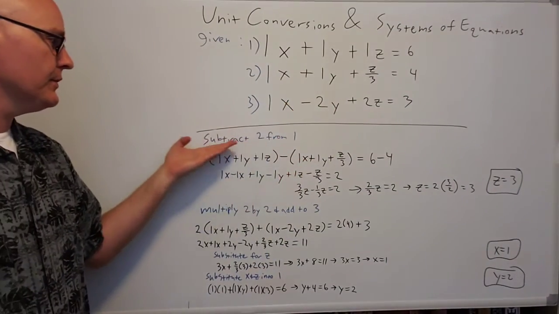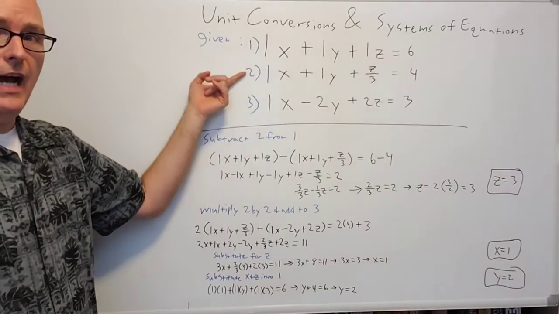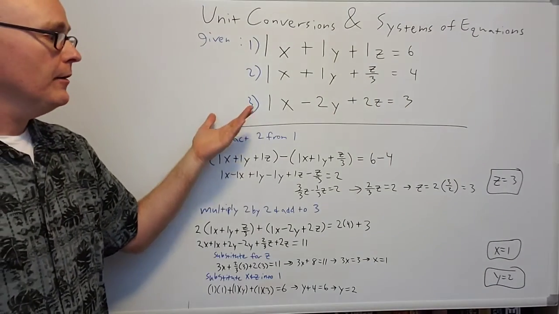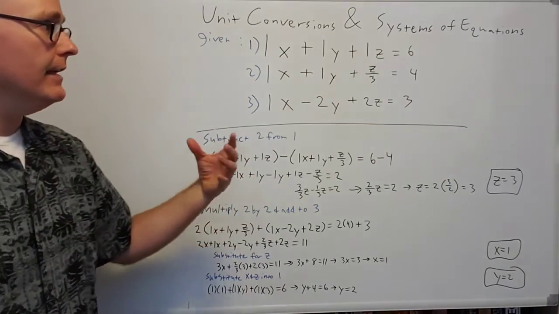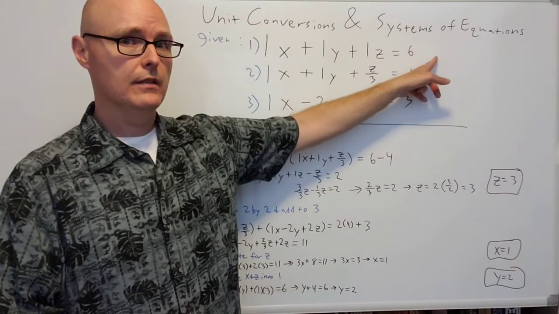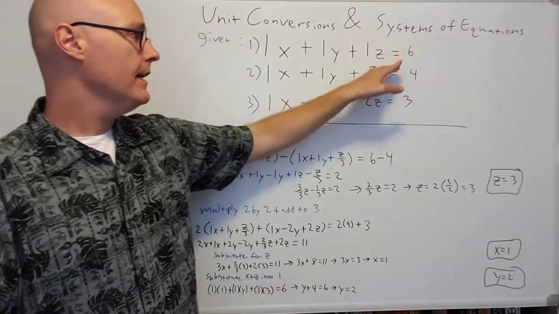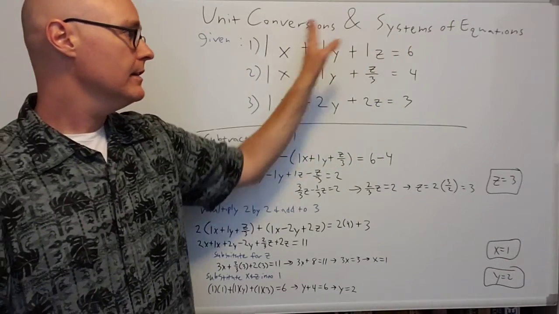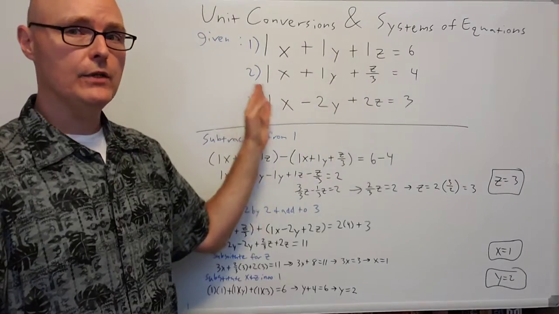So if I use equations 2 and 1, I can subtract them. To make another true statement, I can say that 6 minus 4, so if I just subtract 4 from this, it's the same thing as taking this equation and subtracting this equation.